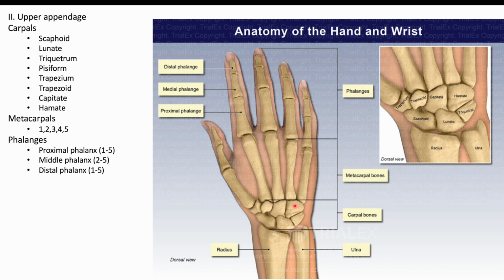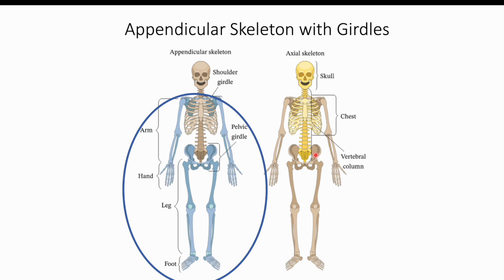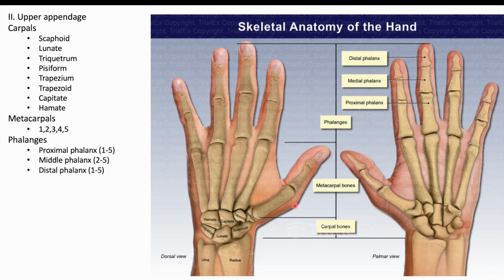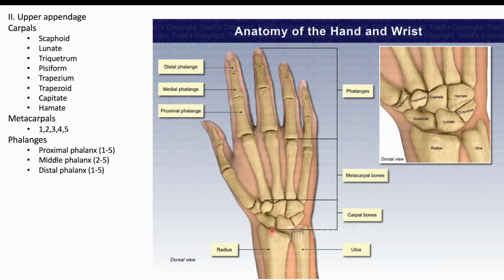Okay. Now since this is a little bit confusing, let's study this from the left hand side. From the left hand, you can see that this is the dorsal view and this is the palmar view. Now we are looking at the orientation a little bit differently because the scaphoid is pointing to the thumb. Remember, the scaphoid is always the one closest to the thumb.